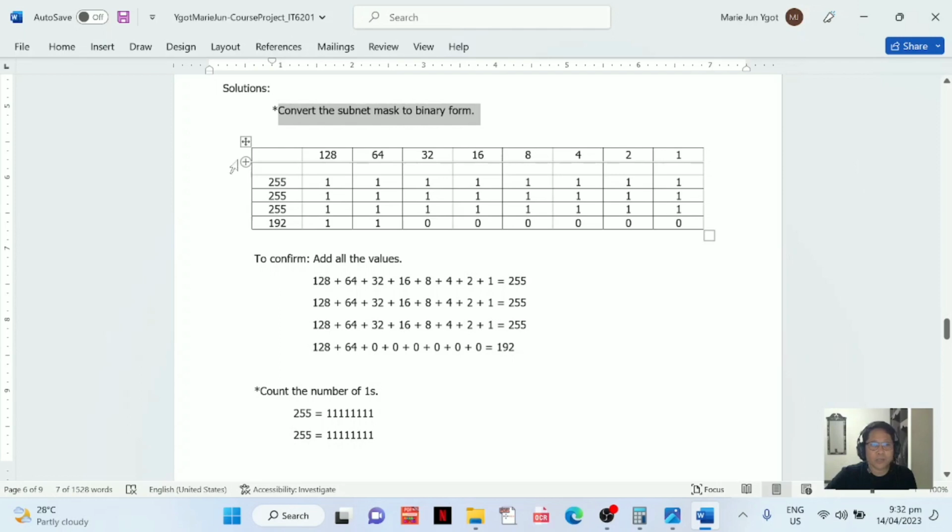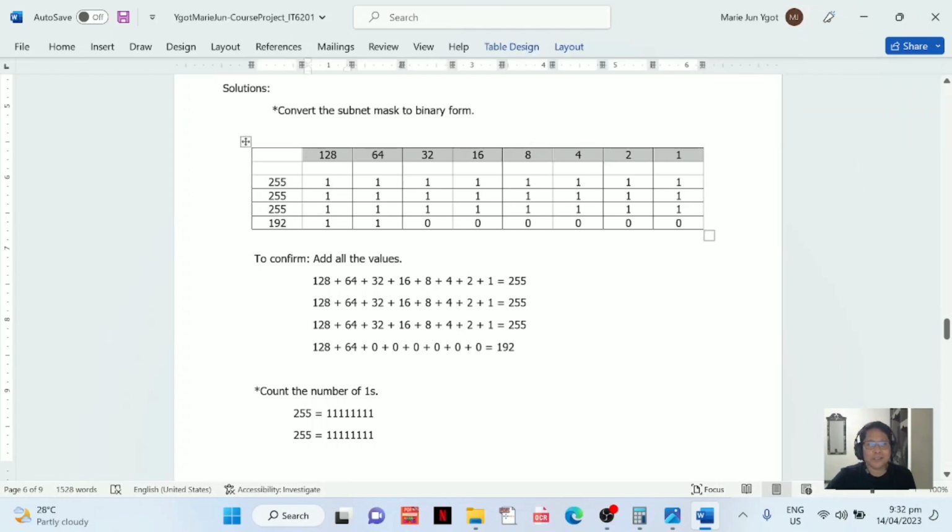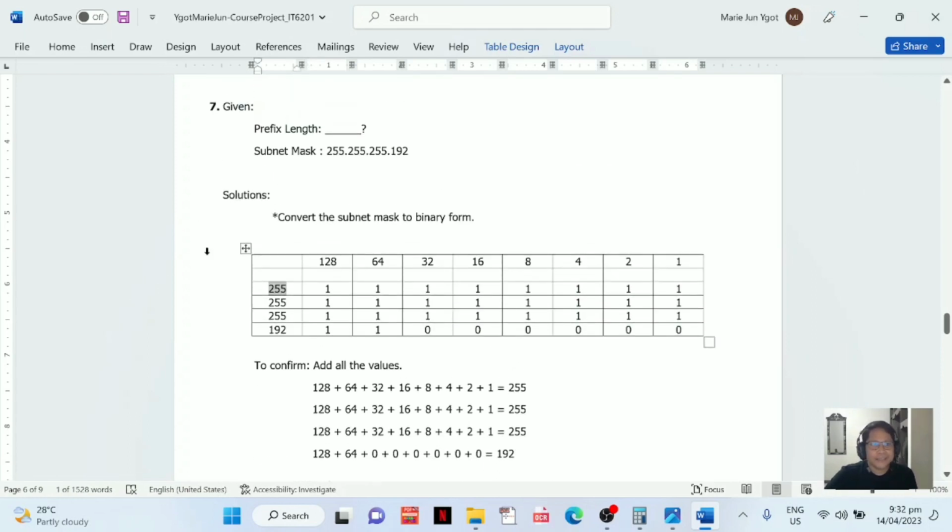So again, using our table here, we will use this value again to add up to get our octet. Okay. So our first octet is 255. So again, we put it down here.